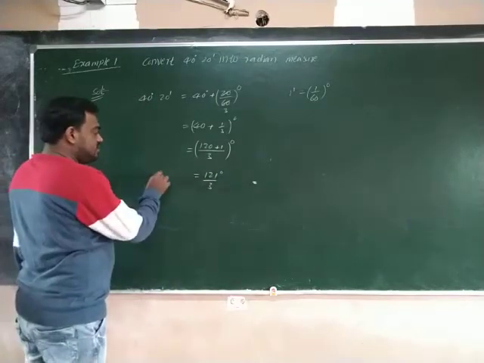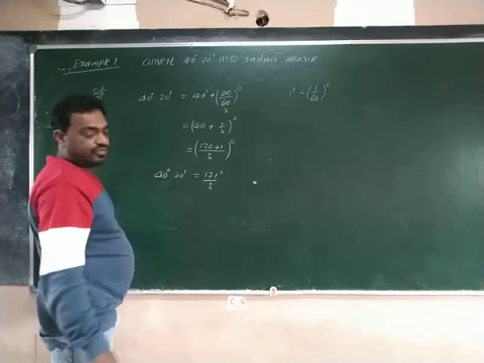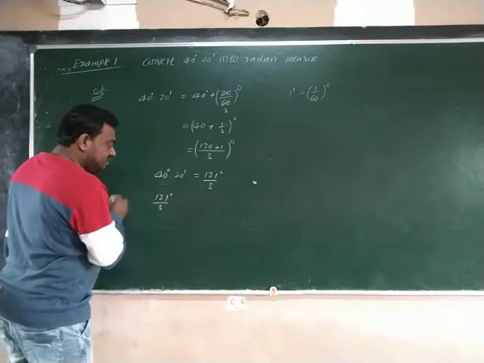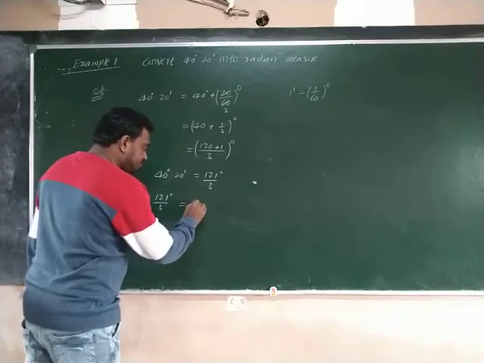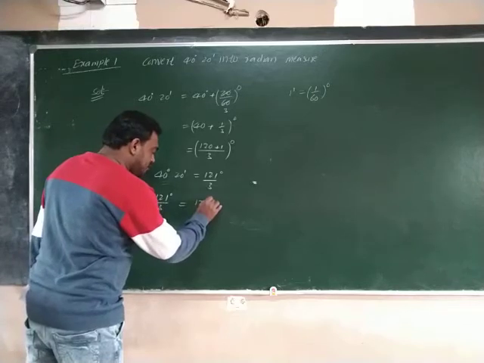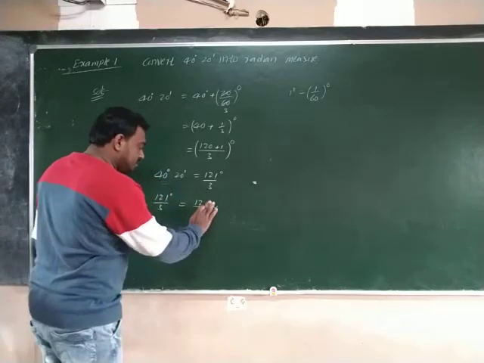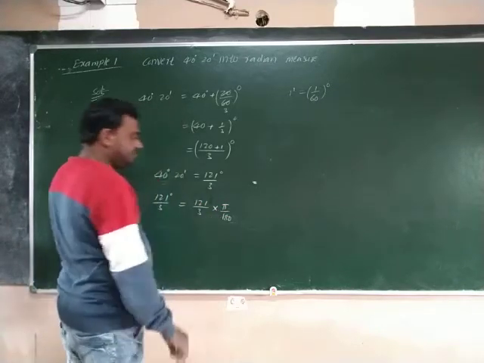So 40 degrees 20 minutes is equal to 121 by 3 degrees. Now how many radians is that? 121 by 3 into pi by 180.